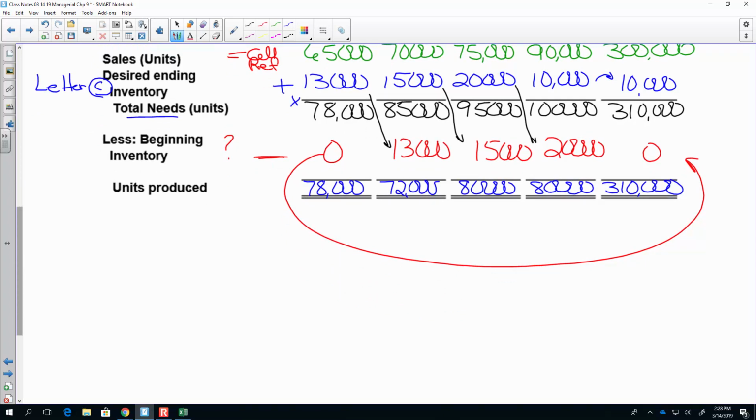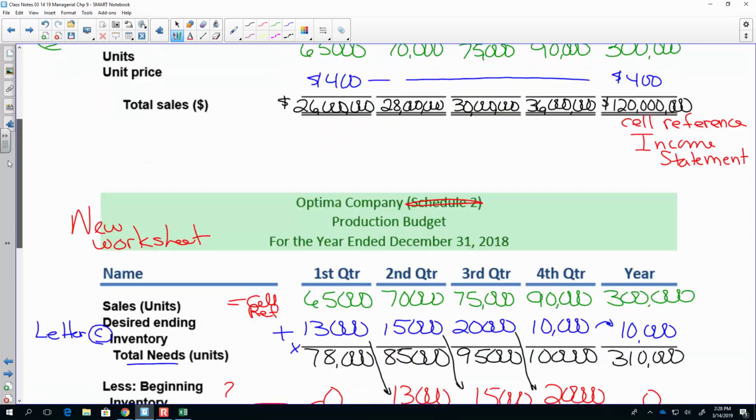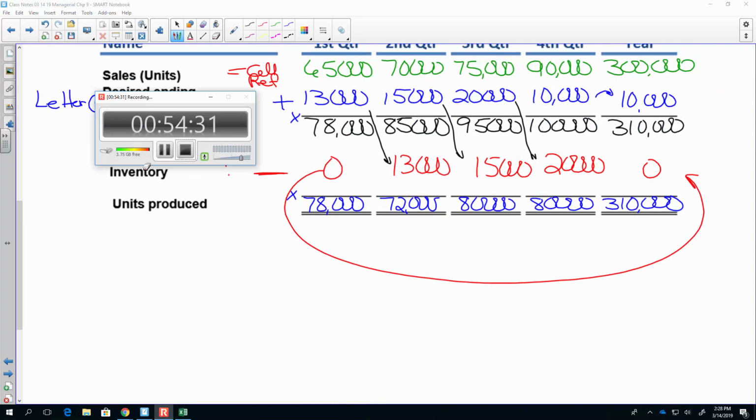Whenever we have a subtotal, also at the end of the report for another subtotal, get units produced, double underlines to end the report. Double underlines to end the report. All right. Let's take a break here. We'll stop and come back.